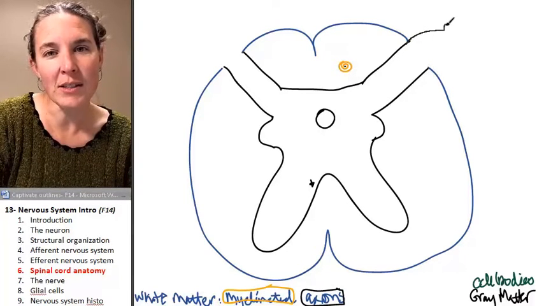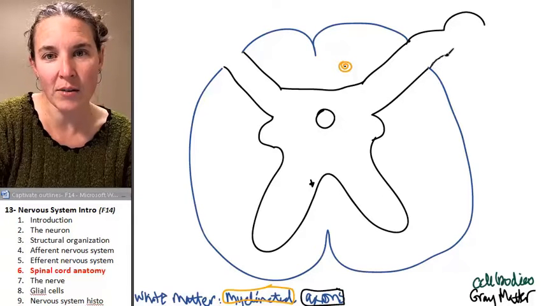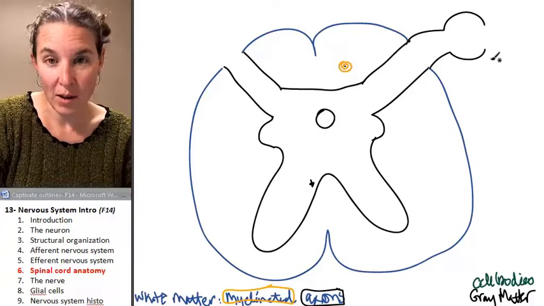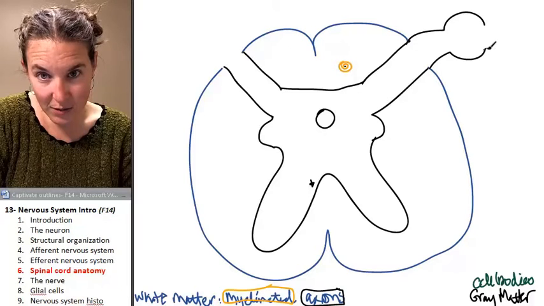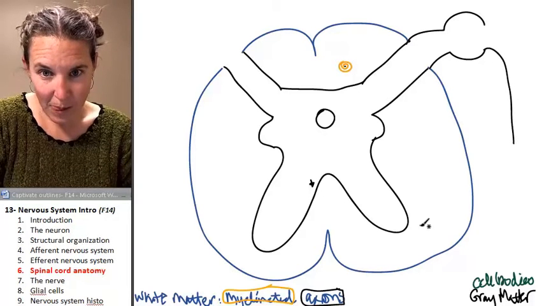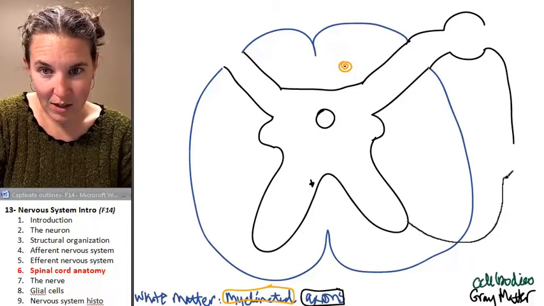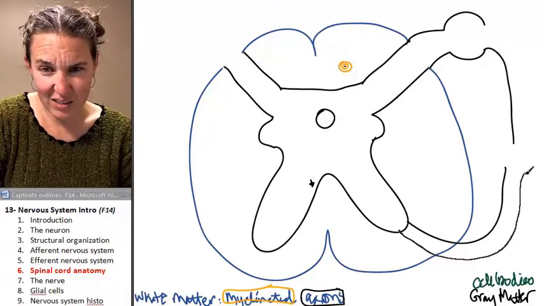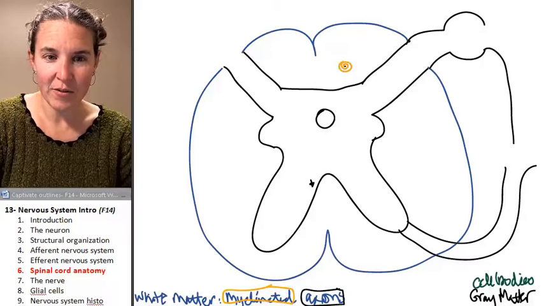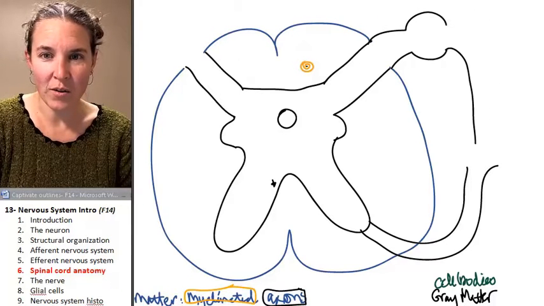I'm feeling a little sad, a little cramped right now. I'm going to have to squeeze some stuff in here because look, I actually am connecting. Oh my gosh, I'm never going to fit it. We're going to have to scoot on over to fit it.